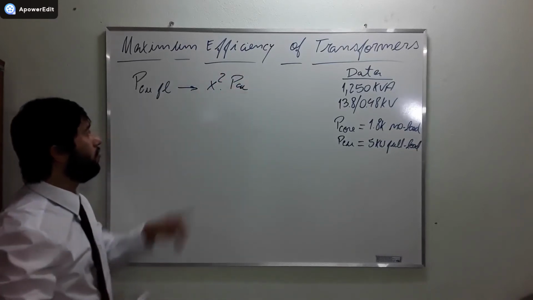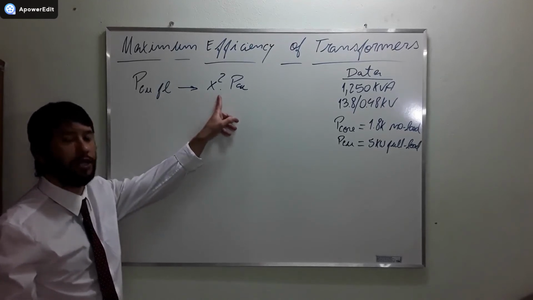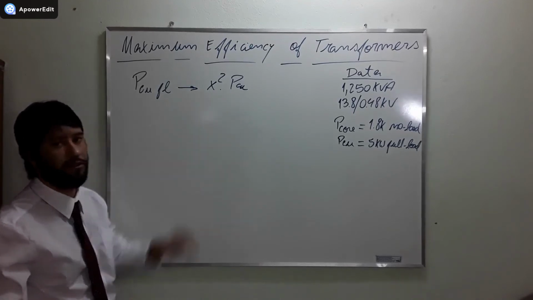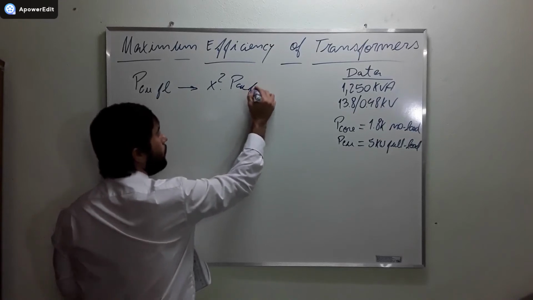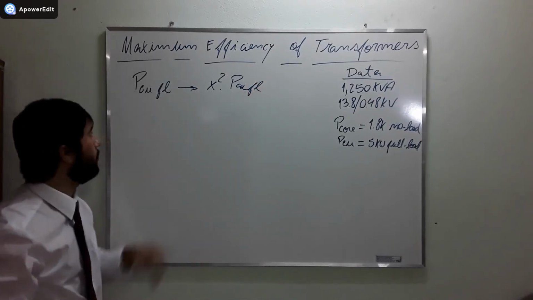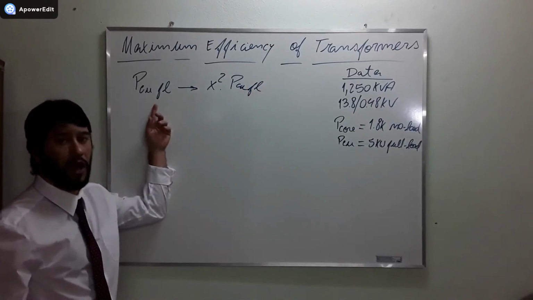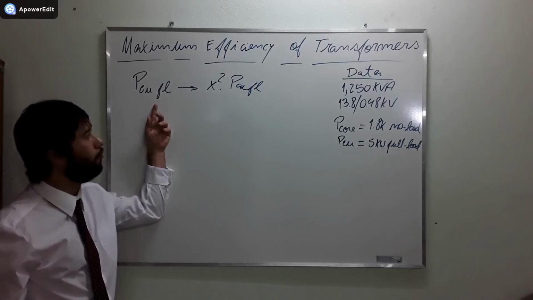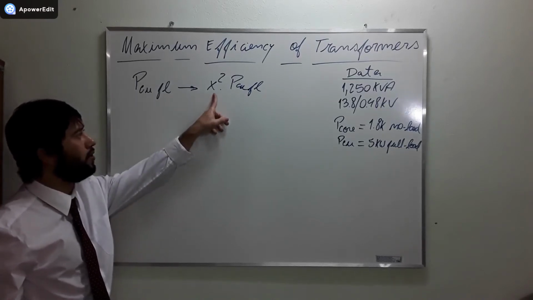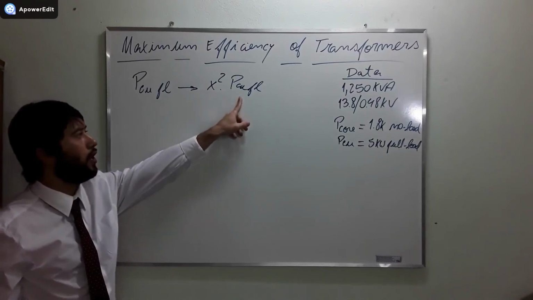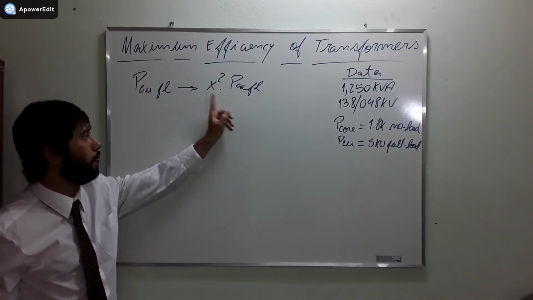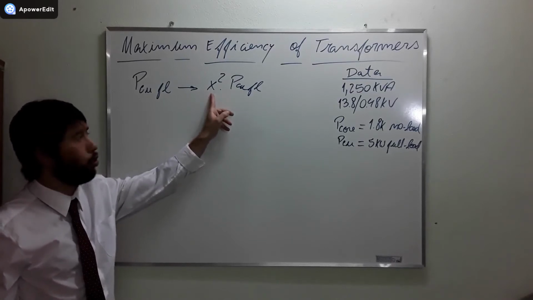X squared times P_CU is going to be the fraction of the copper losses at full load of our interest, because we are not interested in the copper losses at full load. We are interested in the portion of the copper losses at full load. And why X squared?